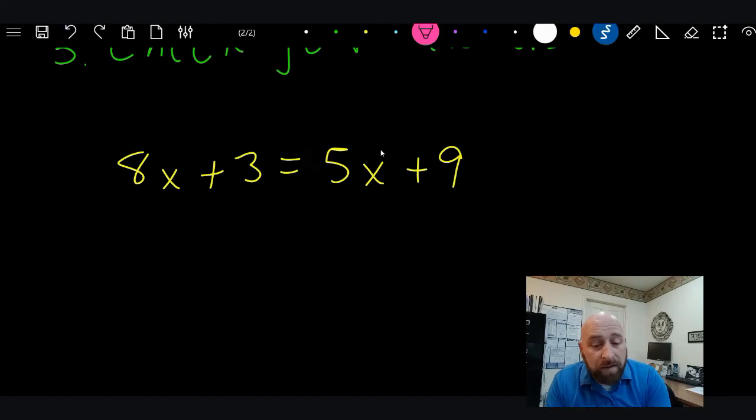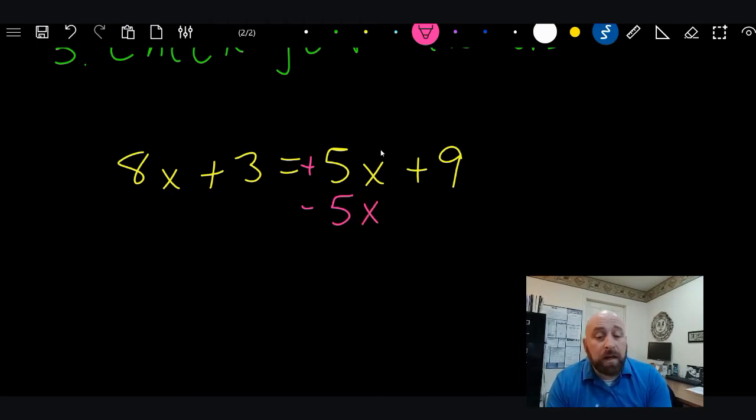Well, we have a positive 5x over here. We have 5x. Now, if it was a negative sign in front of it, we'd have negative 5x, but it wasn't. There was no sign. So when there's no sign, that means that it's positive. So we have plus 5x. We do the opposite to get rid of it. Minus 5x.